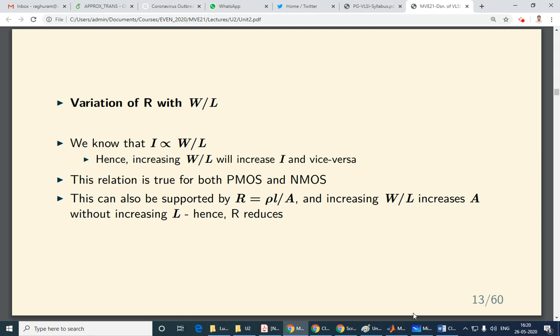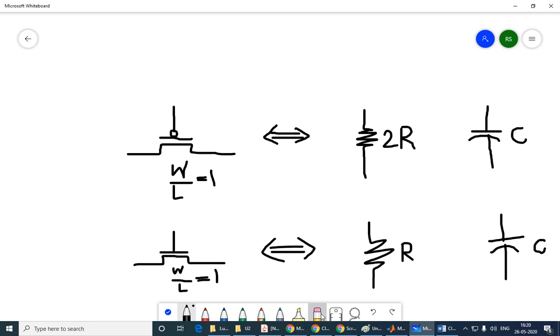But also, if you look at the width of the transistor, so let's draw the layout of the transistor, which is going to help us in determining this relation.